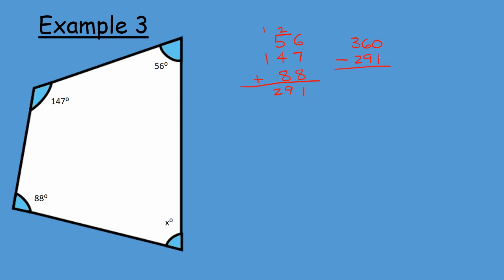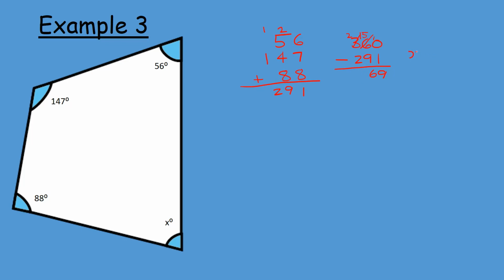Okay, so 0 take away 1 I can't do, so I'm going to borrow 1 from here. 10 take away 1 is 9. I've got 5 take away 9. I can't do that either. So I'm going to borrow 1 from here. This is going to become 15. So 15 take away 9 is 6. 2 take away 2 is 0. So we've got 69 here.